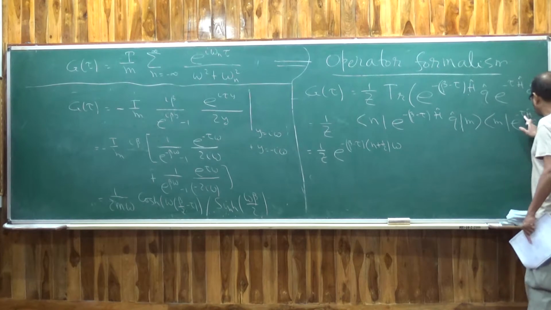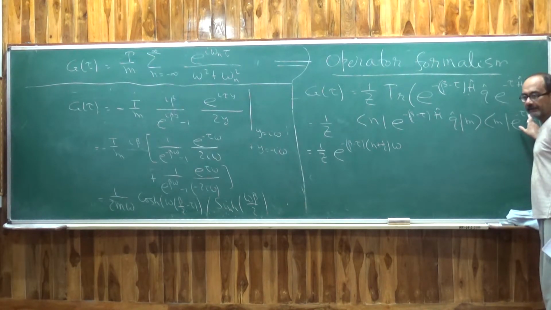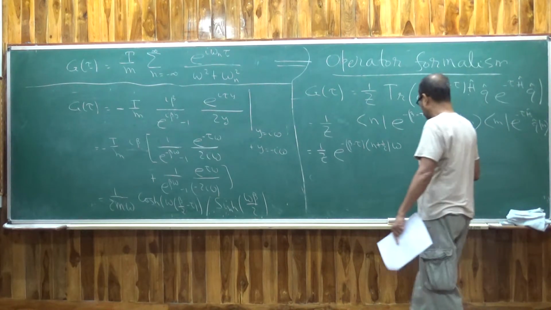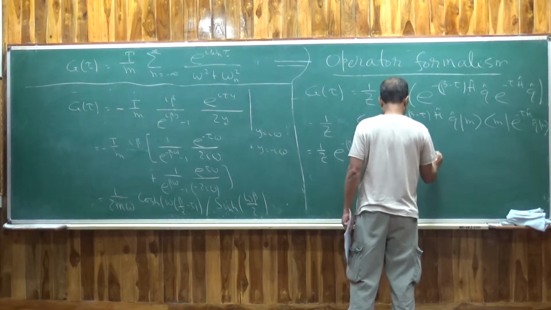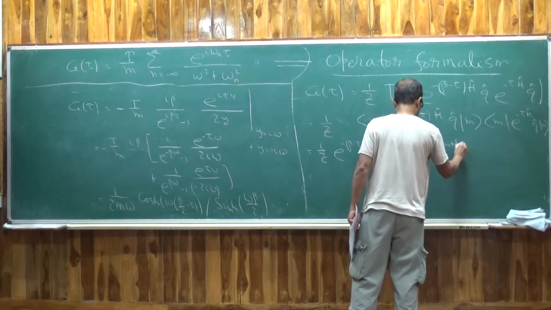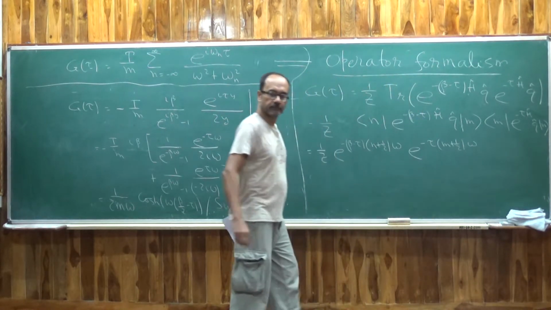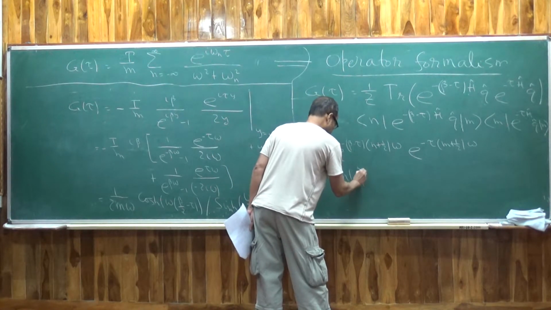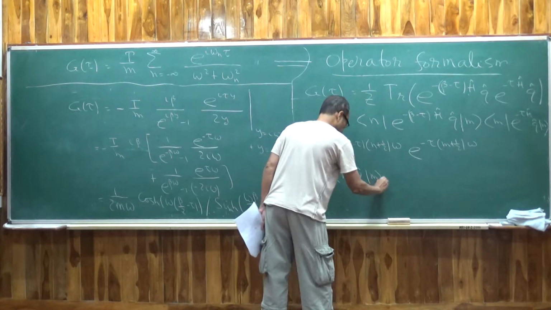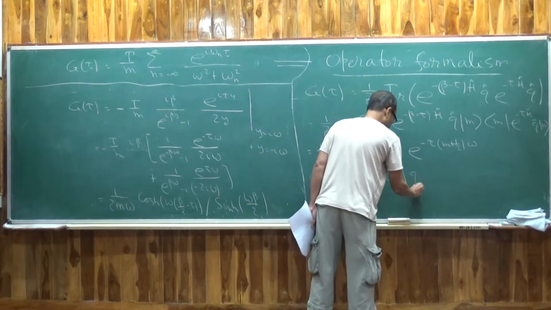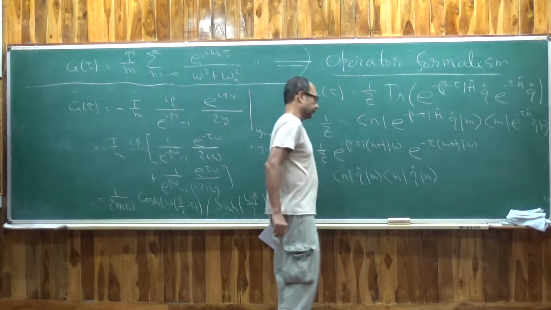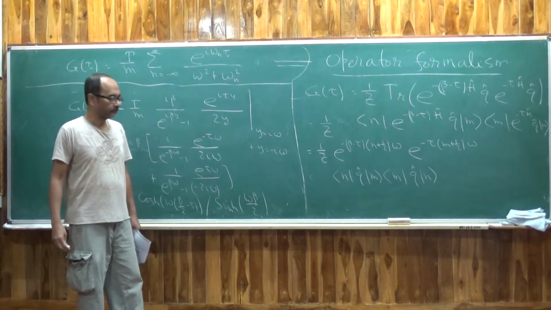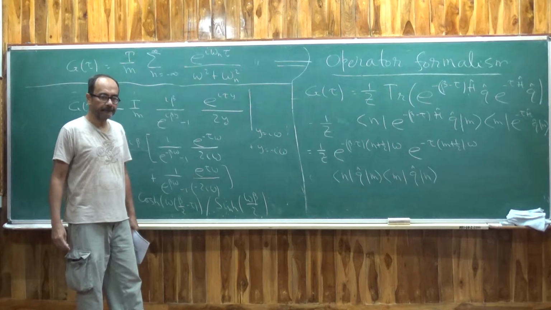Similarly, we get e to the minus τ (m plus half)ħω, because this is an eigenstate of Ĥ again. And then we are left with ⟨n|q̂|m⟩⟨m|q̂|n⟩. Is this okay?